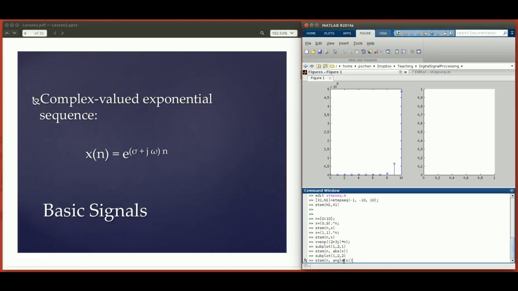Angle is the intrinsic function, and x is a vector of 10 complex elements, so angle x computes the phase angle of the 10 complex numbers inside of this x vector, right?